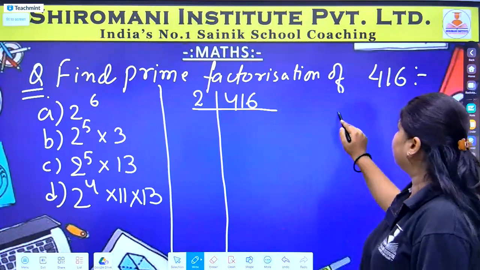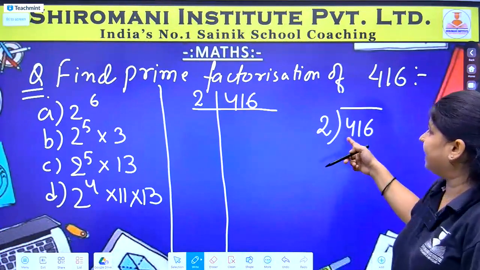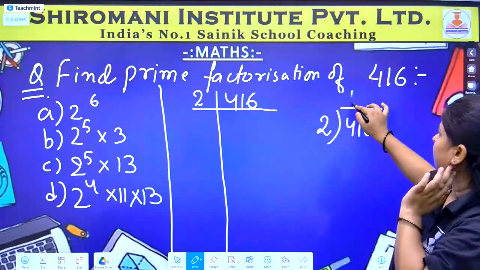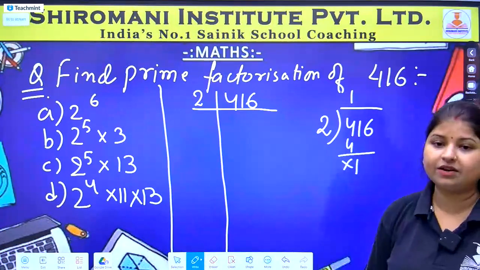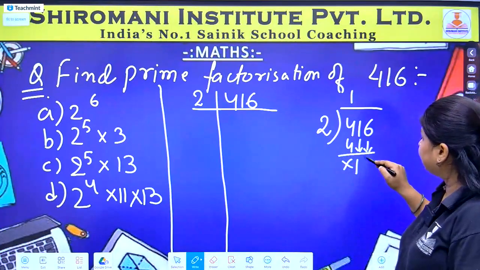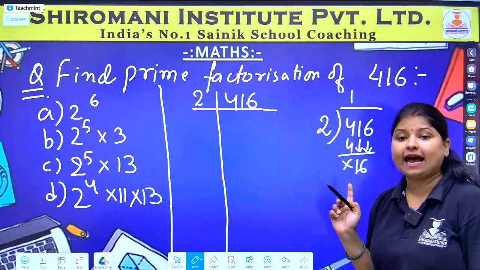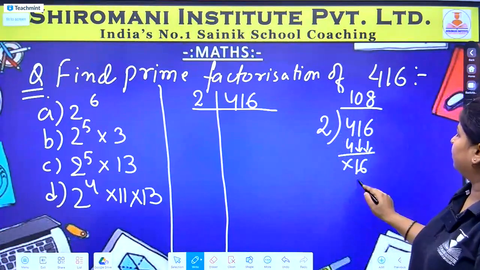But let me tell you one thing. If you are dividing 416 by 2, dear, 2 ones are 4 and this is 1, right? You take 2 digits carried down one time. Whenever you carry down one digit, you add a 0 here and then you will do 8.